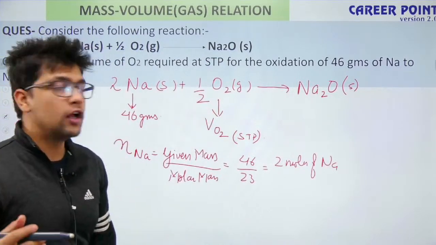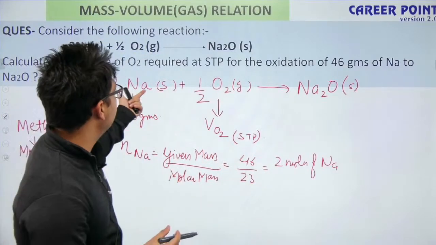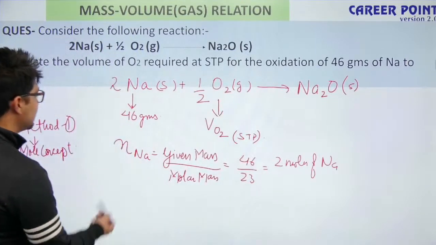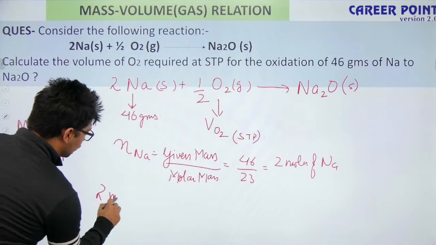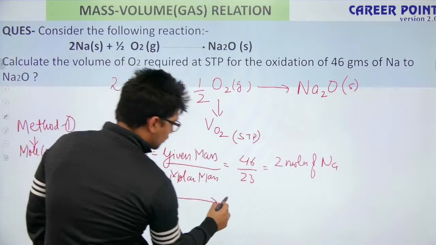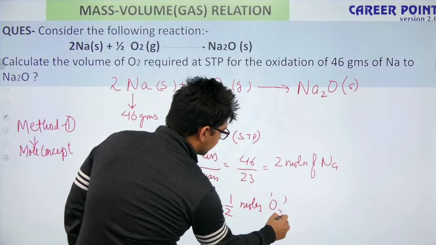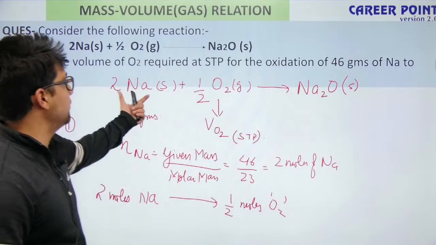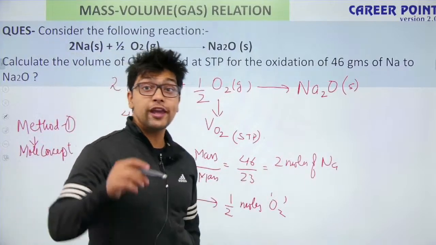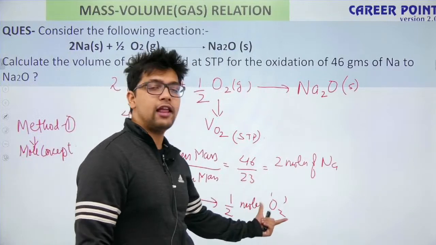Next, I will relate these moles of sodium with moles of oxygen. I will say 2 moles sodium is reacting with half mole oxygen. How many moles of sodium do we have? Exactly 2 moles. So 2 moles of sodium are reacting with half mole oxygen.